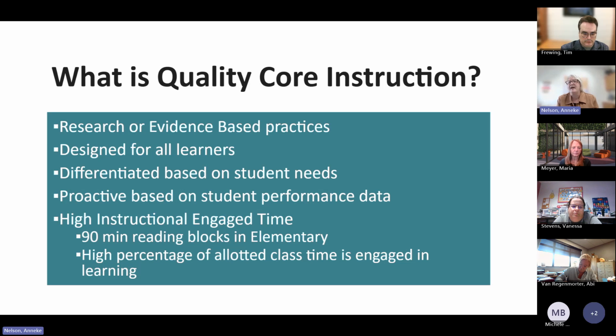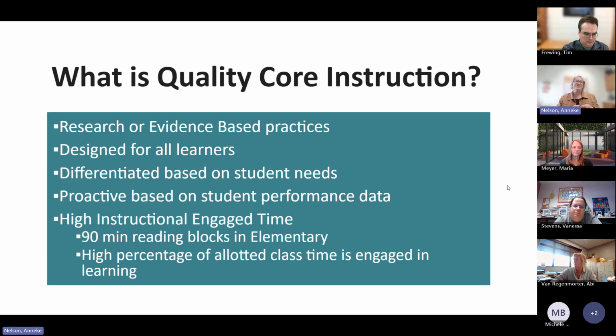We also need to make sure that we have high instructional engaged time. We want to provide the amount of time for our core classes that aligns with what research is saying. So 90-minute reading blocks in elementary is the amount of time research says is best for students for reading.